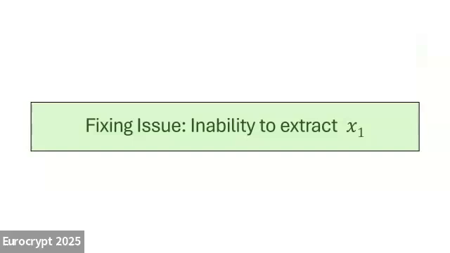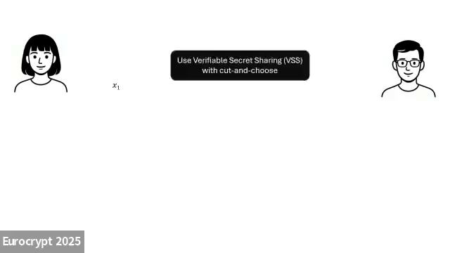OK. So now let us consider the first issue that I'm going to present in this talk, that is the inability to extract x1, the input of Alice. At a high level, we make use of a verifiable secret sharing scheme and the cut-and-choose trick. Alice, given x1, is going to generate a verifiable secret sharing of its input and obtain n shares.